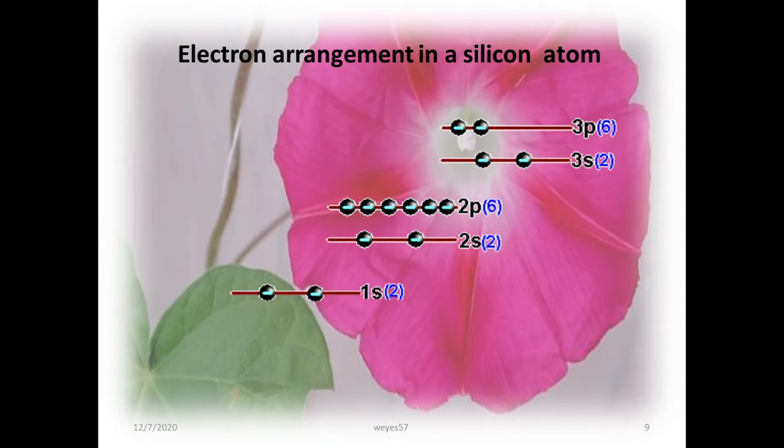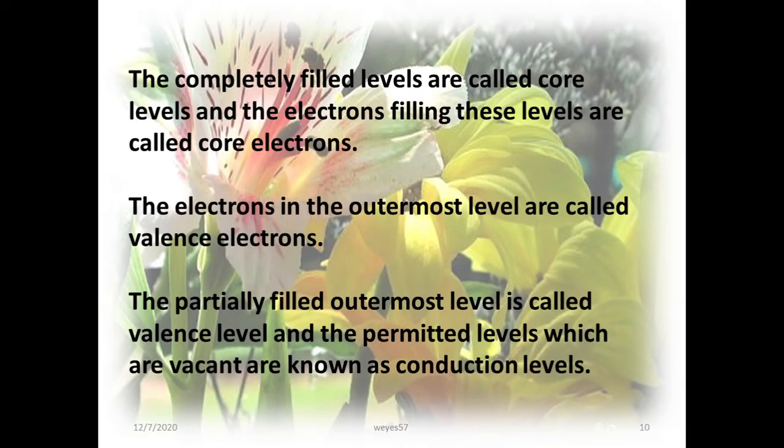These electrons are called valence electrons, and the innermost electrons, that is 1s, 2s, 2p, are called core electrons. The energy levels permitted above the valence band are called conduction energy levels.